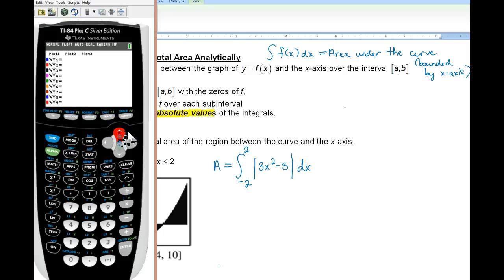I'm trying to visualize what you're saying. Multiplying the whole thing by negative 1, or just the part that goes below? The original equation, so that any value underneath the x-axis, which is negative, would be multiplied by negative 1 and would become positive. Yeah, absolute value, but multiplying it by negative 1 won't quite work. I have to think a little bit more about that.